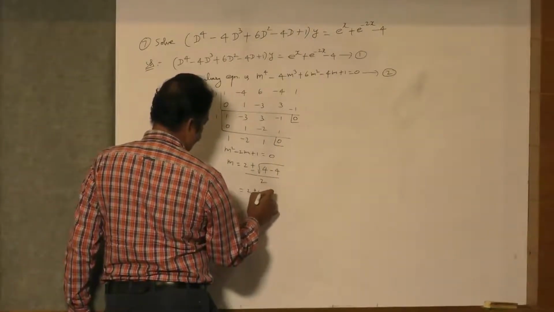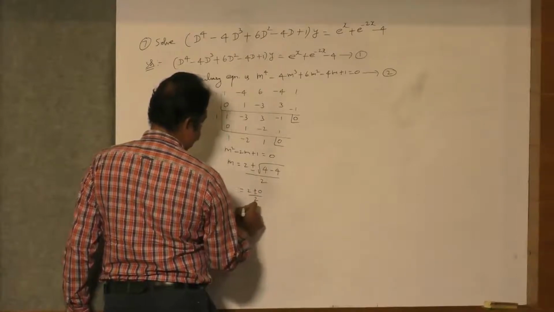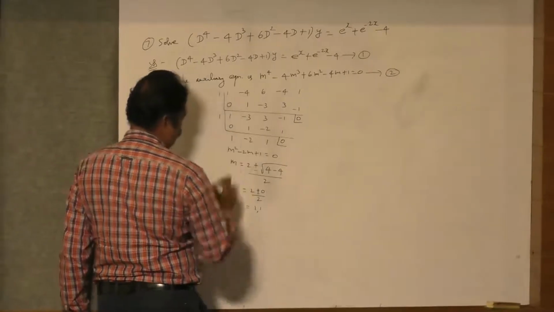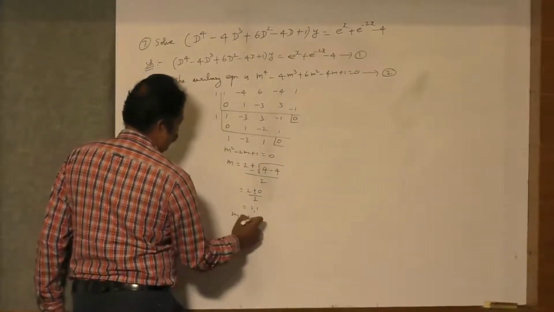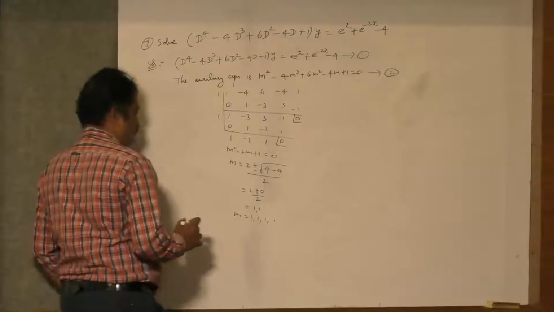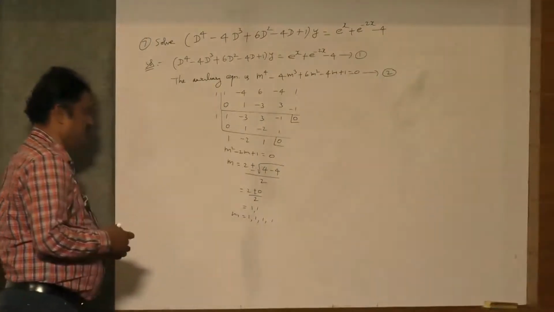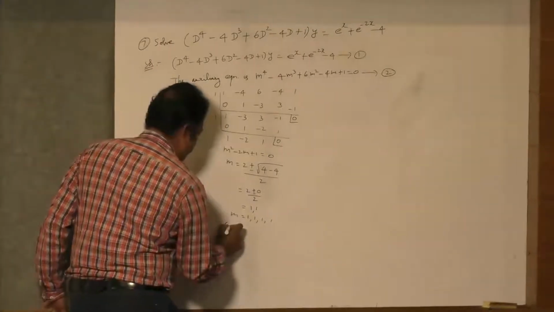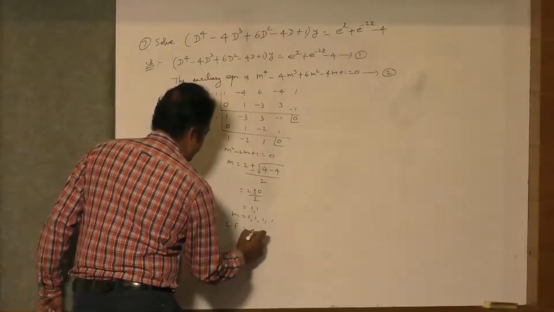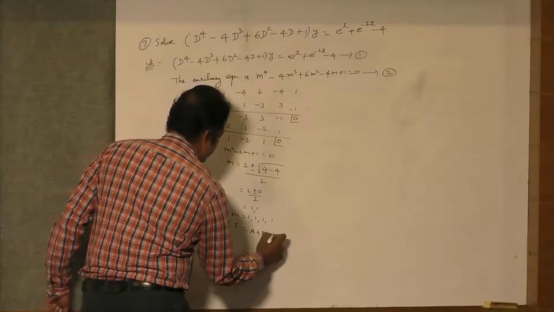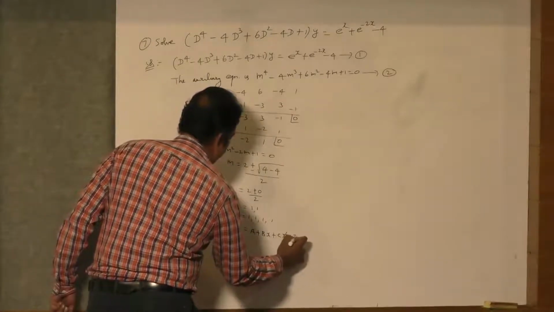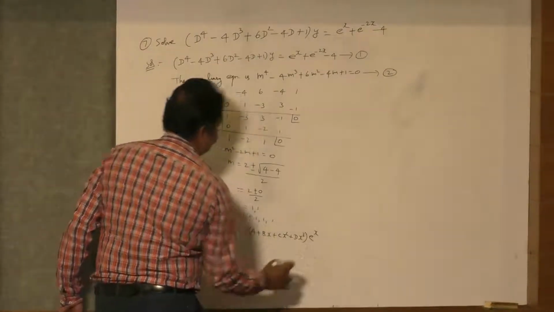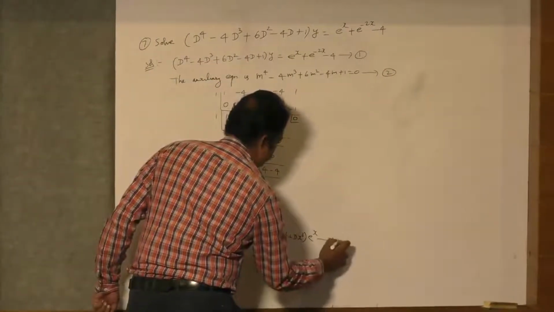So we get 1, 1. Therefore the roots are 1 repeated 4 times. Therefore the complementary function is (a plus bx plus cx square plus dx cube) into e to the power x. This is the complementary function.